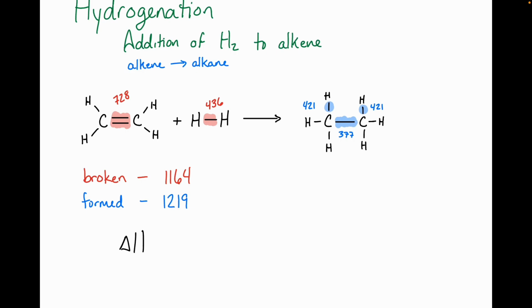So then my delta H is the amount of energy you got to put in to break minus the amount of energy that's released when those new bonds are formed. And so I get negative 55 kilojoules per mole for this reaction here.